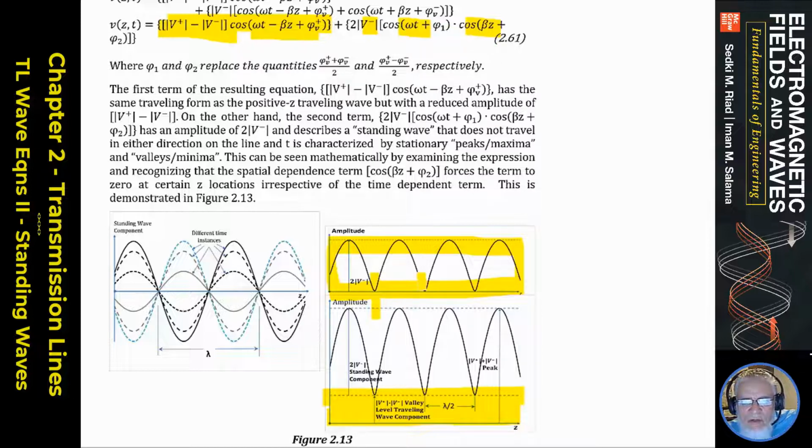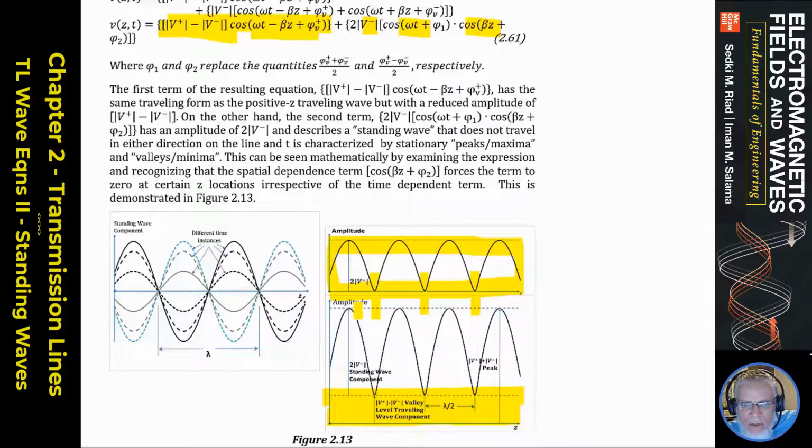At these locations here, nothing changes. Whenever the cosine is equal to 0, the time doesn't produce any change, but at the peaks of the beta z, which is 1, you get a variation with time. So this goes up and down with time. So this is the magnitude or the amplitude of that part. If you combine this with that constant, you get this combined diagram right here. Okay, that's your combined diagram.